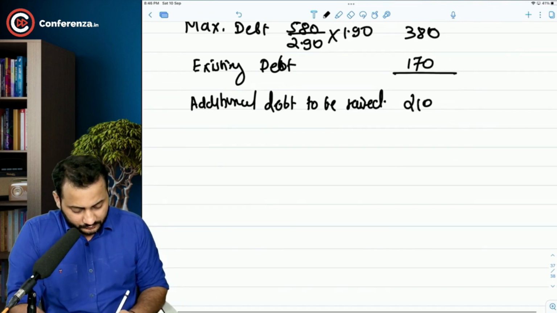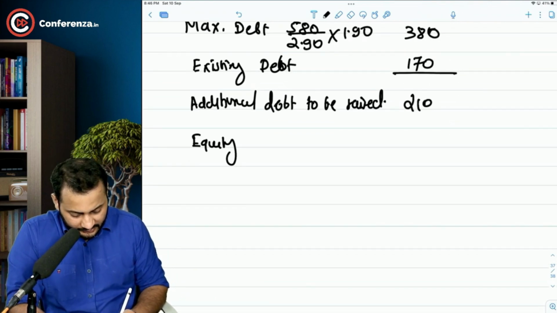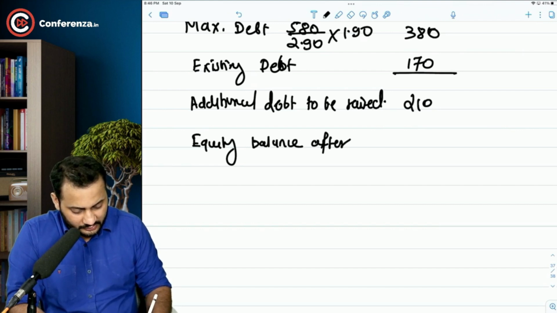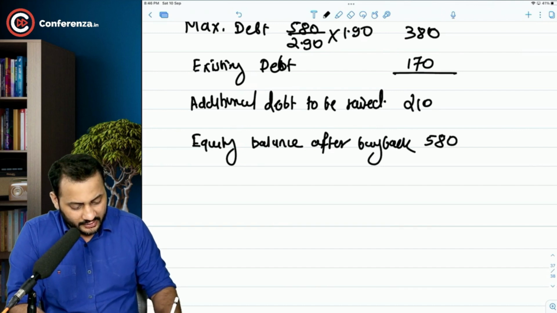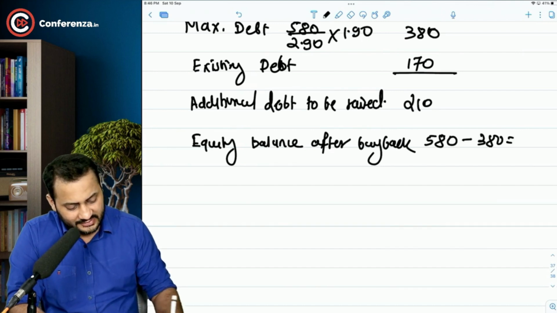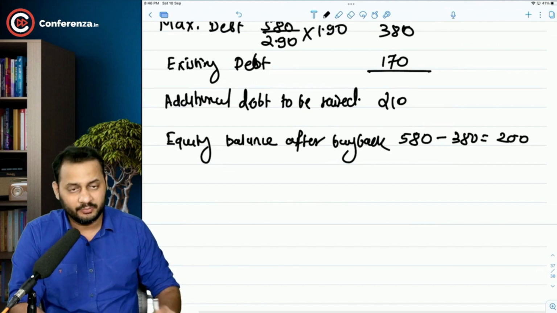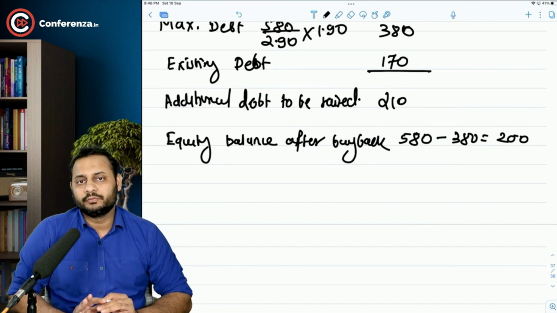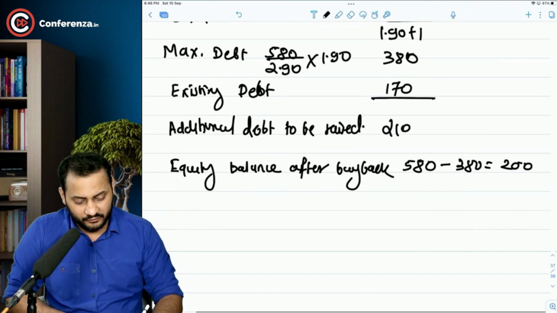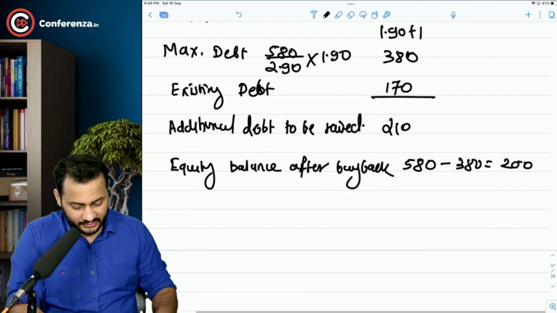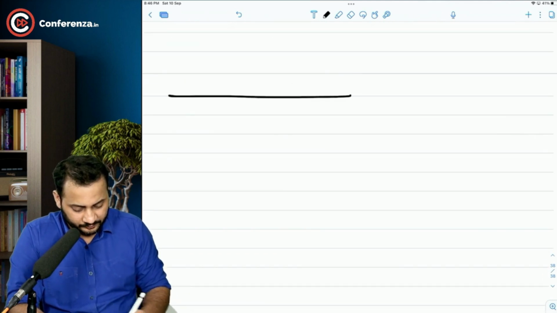Now, equity balance after buyback will be, total capital is 580 minus 380 is the debt. So 200 will be the equity capital now. So we have the three different types of capital structure. I will just write it down here.